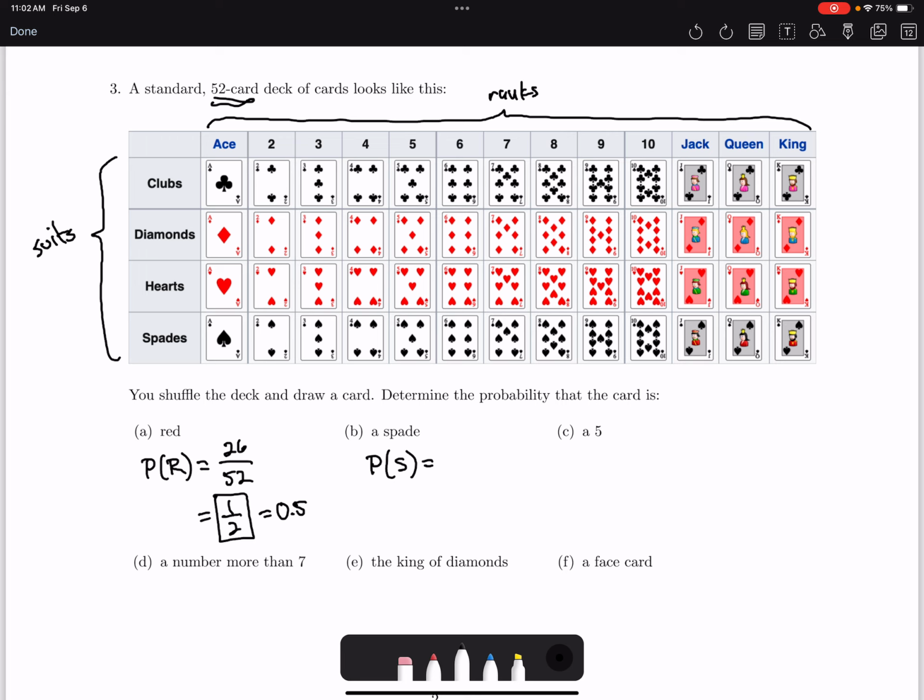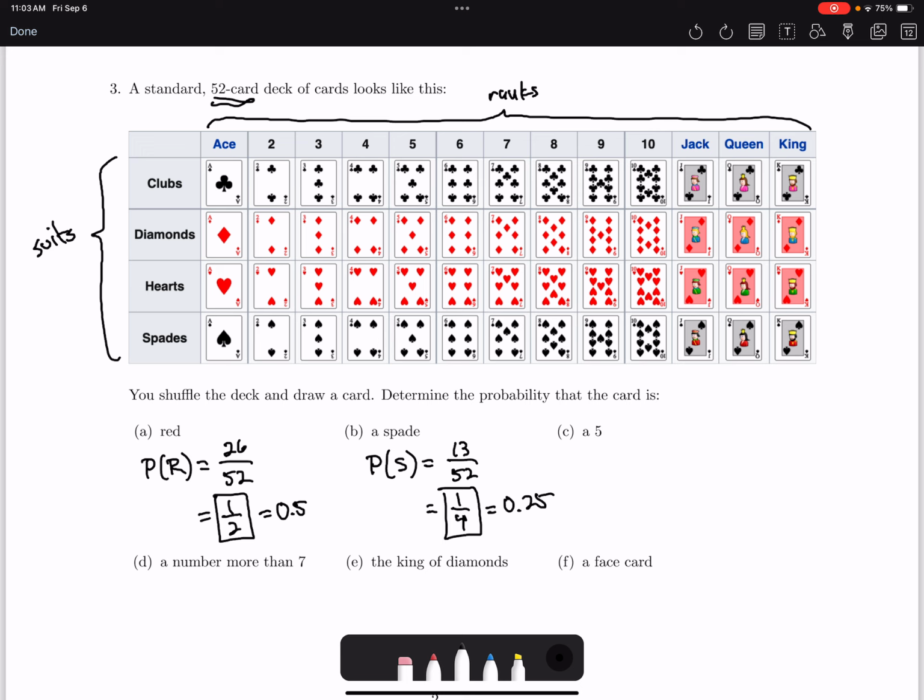The probability of drawing a spade then would be 13 out of the number of cards in the deck, 52. And that reduces to 1/4. Again, some of you might have looked at the deck and said, well, 1/4 of the cards are spades, so the probability of drawing a spade is 1/4, and you would be correct about that. That's the same as 25%.